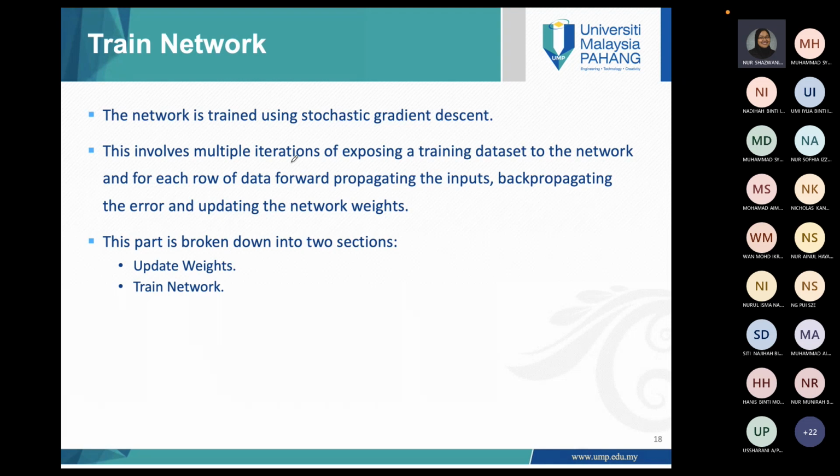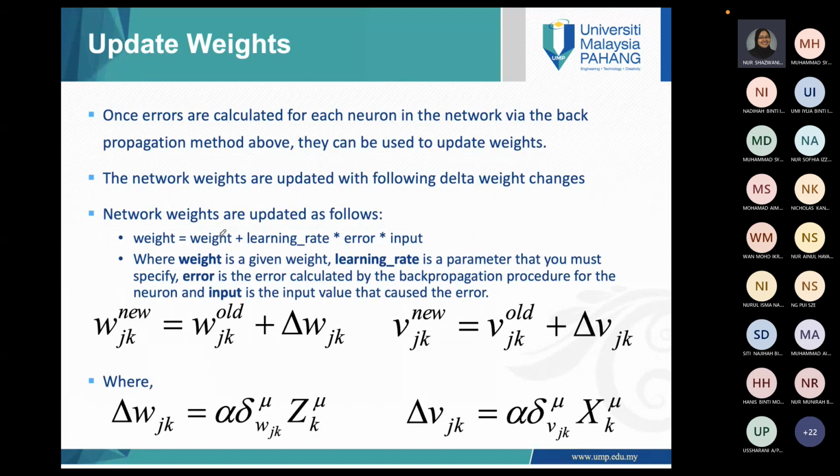Okay, so to update the weight, as we learned in the previous lecture, the process for updating the weight is kind of similar. You take the old weight, and then plus the learning rate, same as the previous lecture, to update the new weight: old weight plus the learning rate.